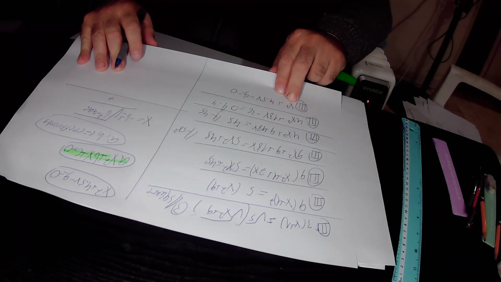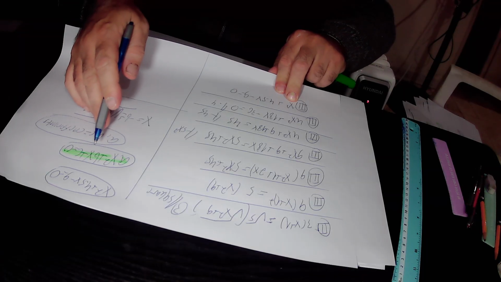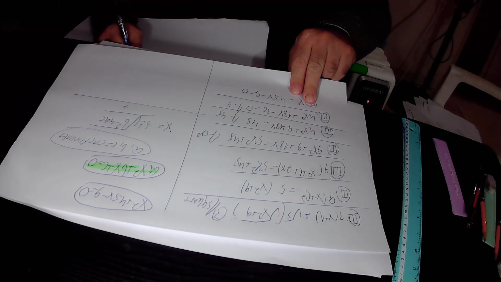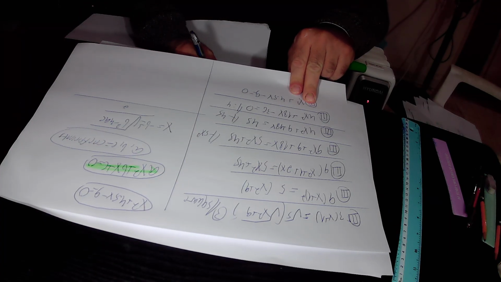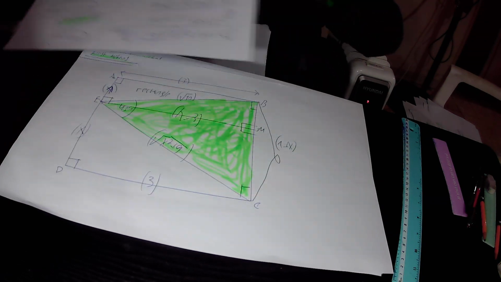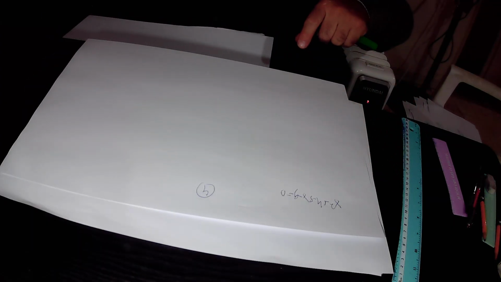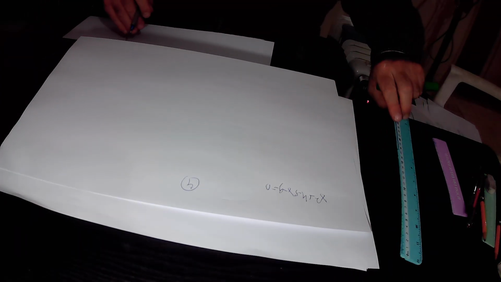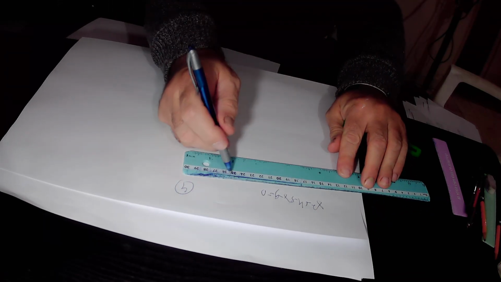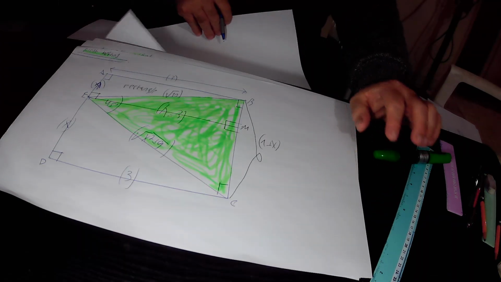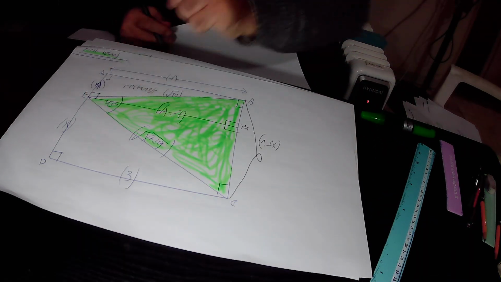In our specific quadratic equation, that is to say x squared plus 4.5x minus 9 equals 0, the variable that we're looking for is x. x is the length of line segment ED.